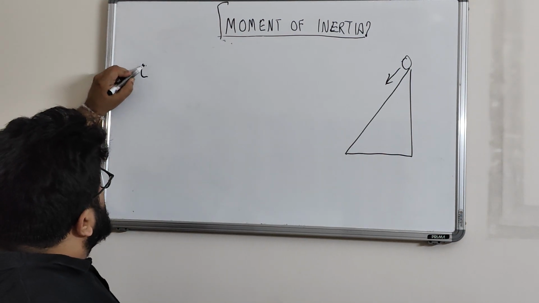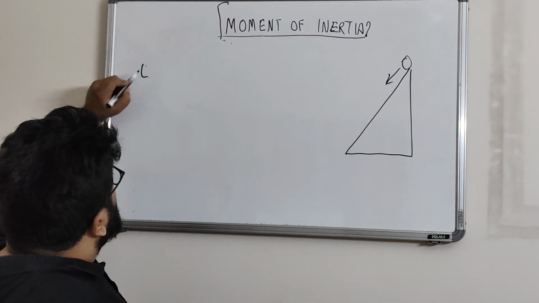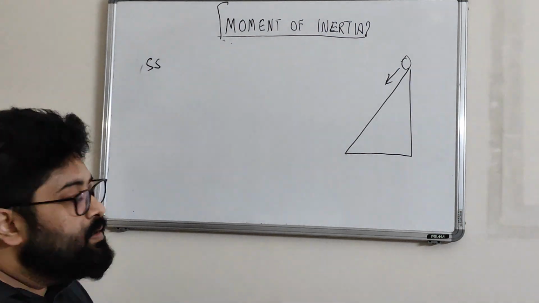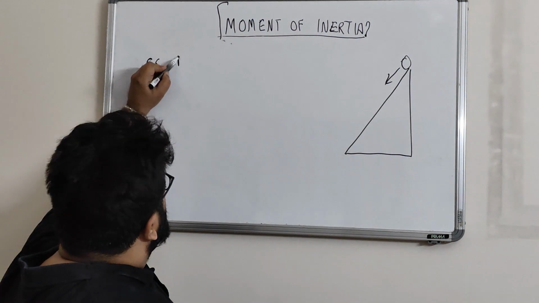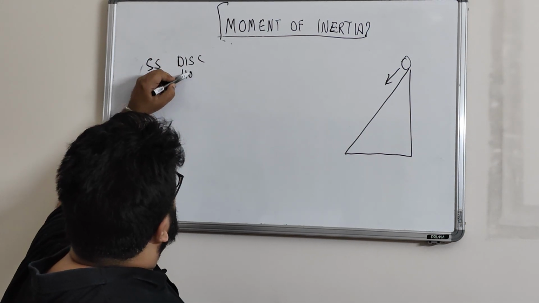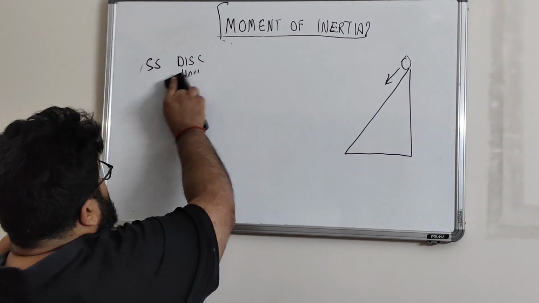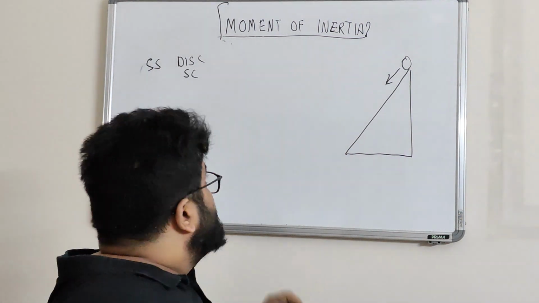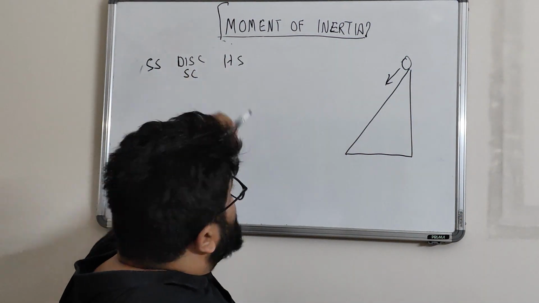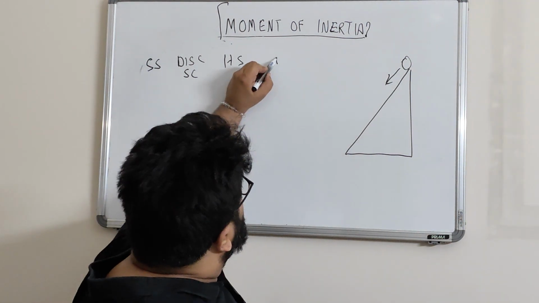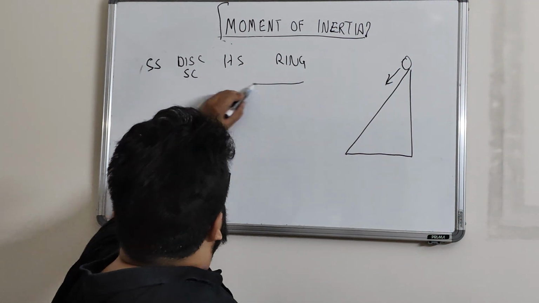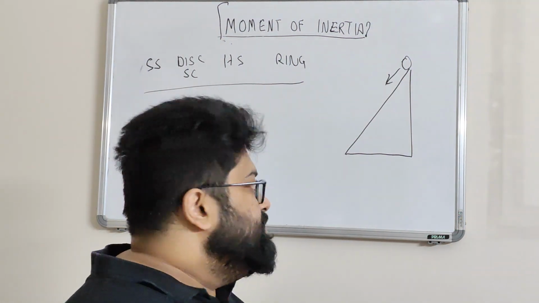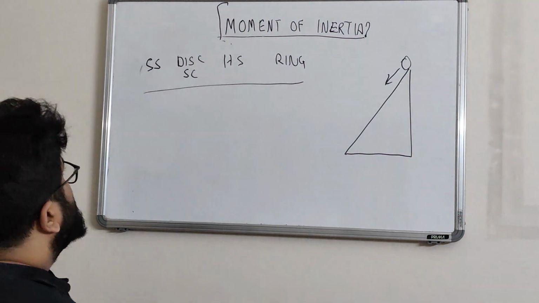Let's take in mind a solid sphere, then we have a disc or hollow cylinder, or sorry, solid cylinder, then we have a hollow sphere, and we have a ring. So when we talk about this, we are not going to derive the formula for this right now, just to give a comparison vis-a-vis the moment of inertia.